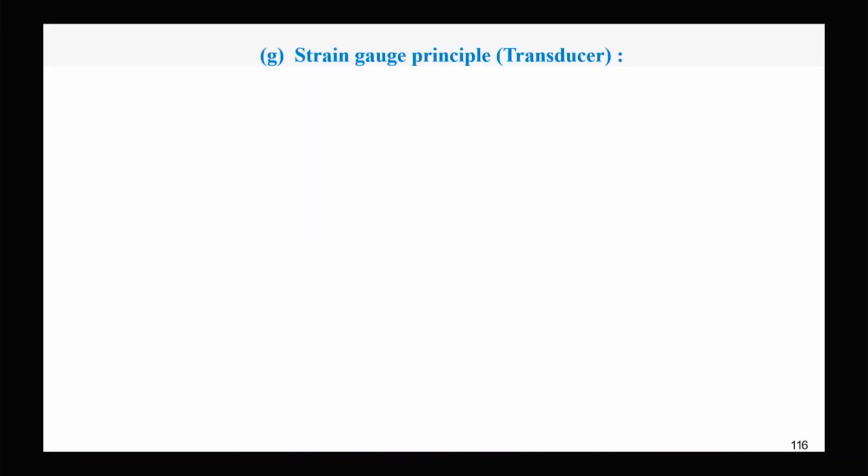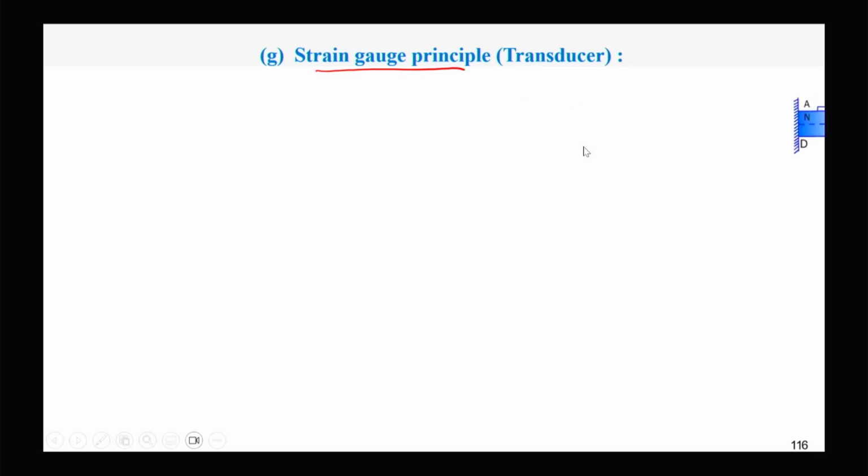Now the next principle is the strain gauge principle. It's a transducer principle, and this principle is used widely in most of the modern tensile testers. And not only in tensile testers, the transducer principle, the strain gauge principle, is used in weighing balances.